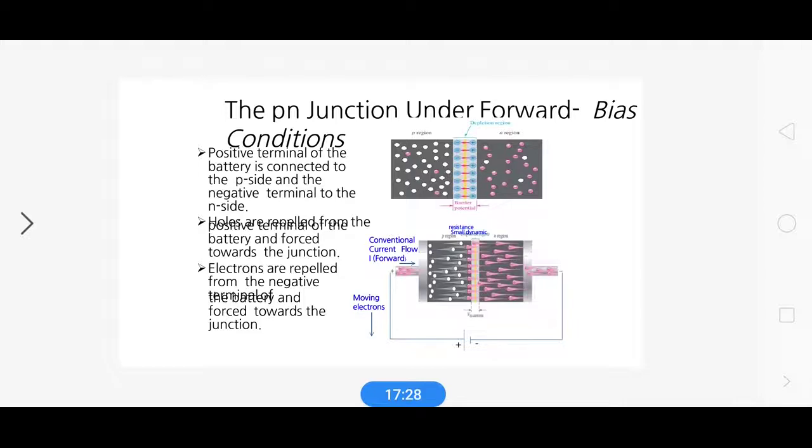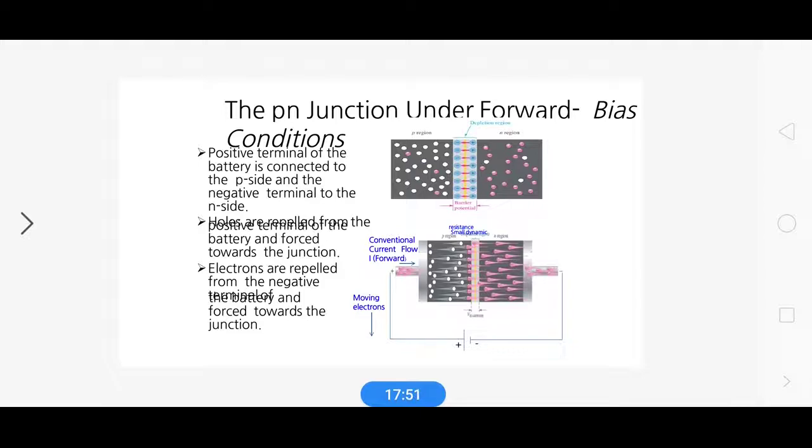As the P region consists of holes and the N region consists of electrons, when the battery is connected, the holes in the P region are repelled by the positive terminal of the battery, and electrons are repelled by the negative terminal of the battery.